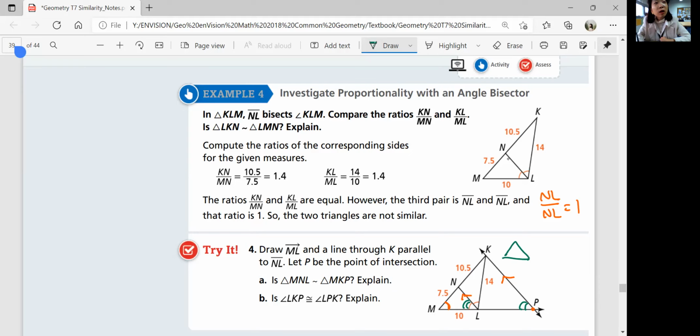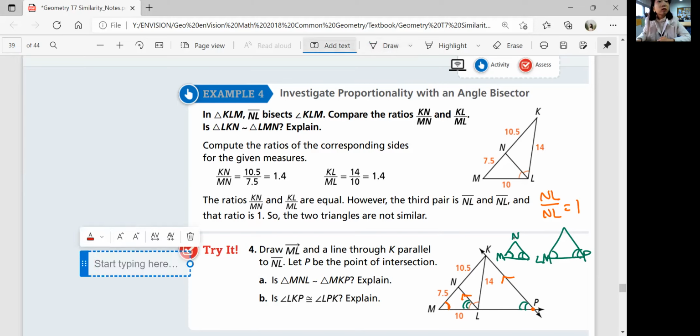In the small triangle, M is equal to this M over here, and L is equal to P. So by the AA similarity theorem, they're similar. The triangles are similar. Okay, let's write that down. Triangles MNL and MKP are similar by the AA similarity theorem.